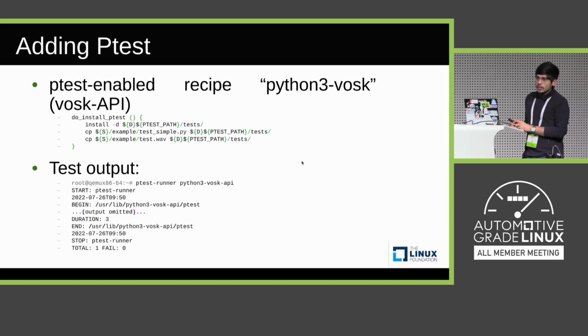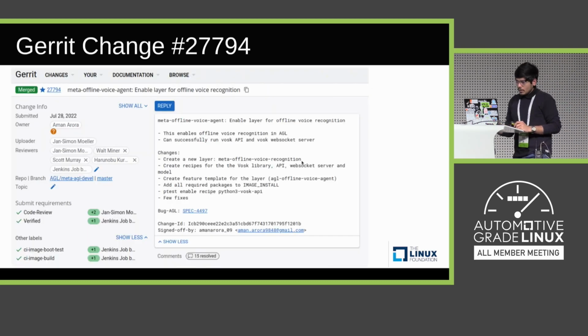This ptest was added to test the Python Vosk API with 3 simple lines here, and the test was successful in the end. We got the output. There were no errors as such. And then I submitted the patch for enabling this layer. This concludes the layer which has all the dependencies for Vosk to work.